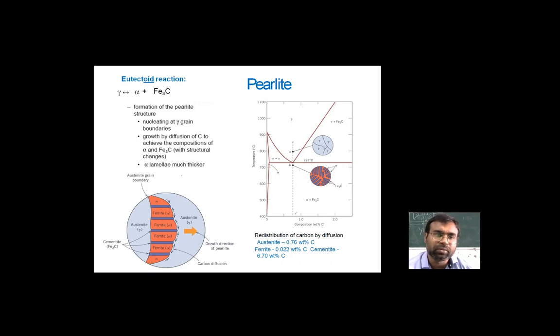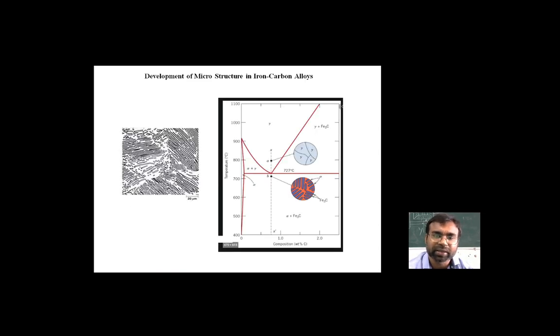Now we are going to talk about the micro constituents of the various reactions. The first is the eutectoid reaction.